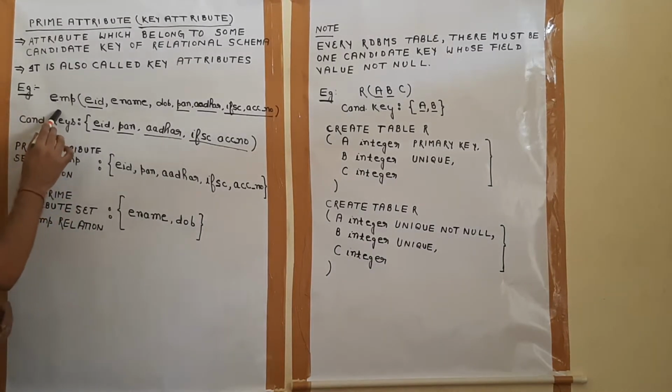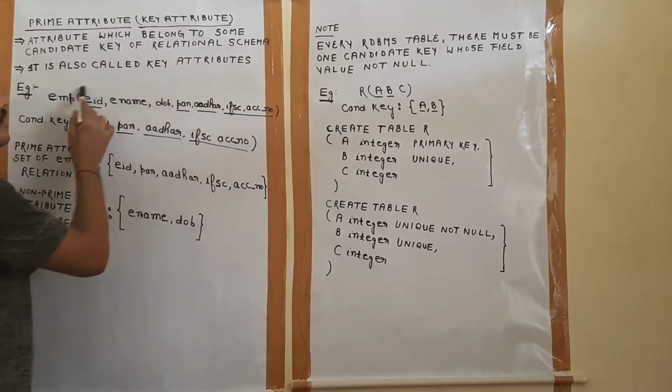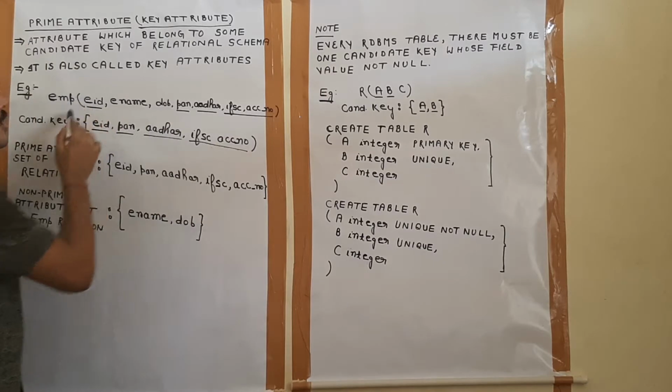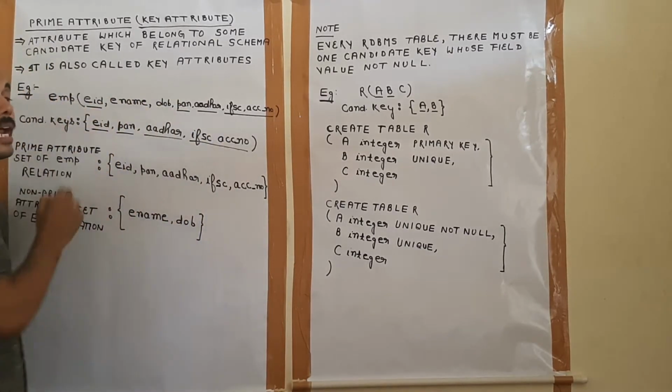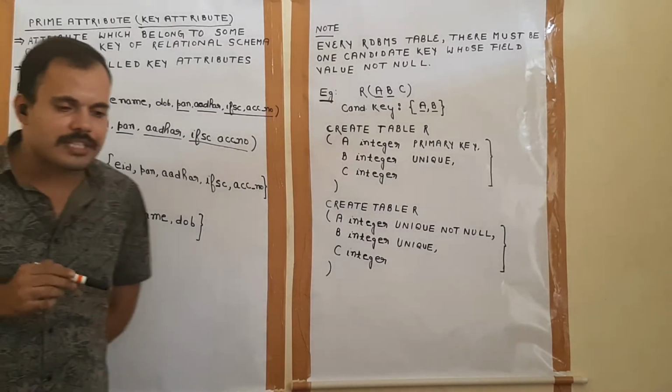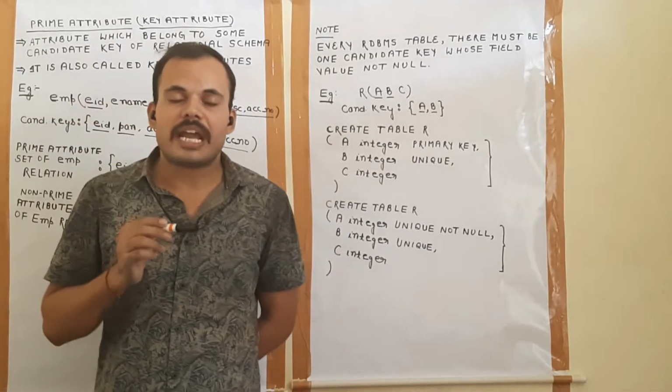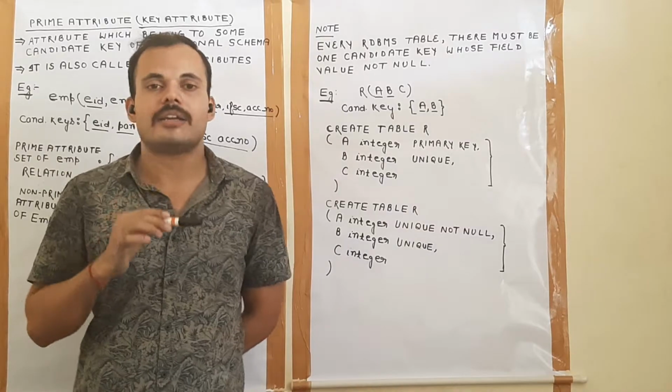See here. This is EMP, the table name, the employee table with a set of attributes. Understood? In these attributes, what are the candidate keys? As we studied earlier, candidate keys are underlined.